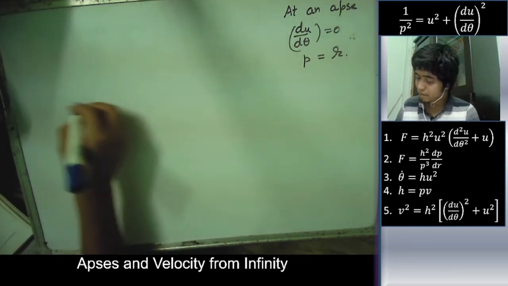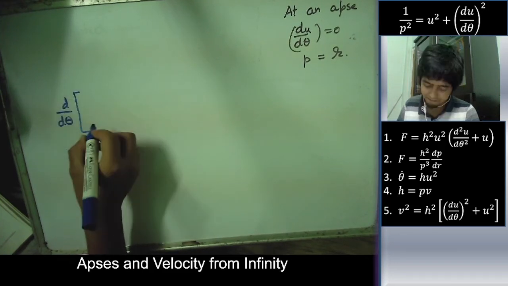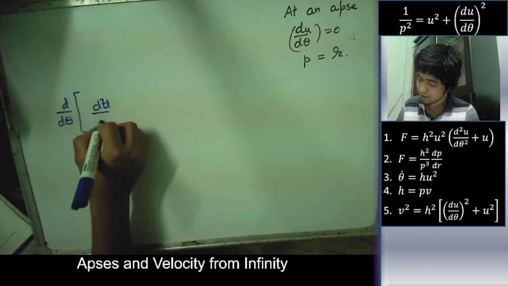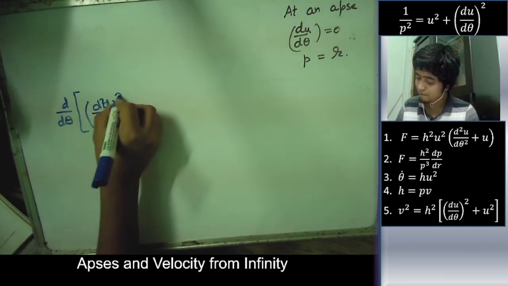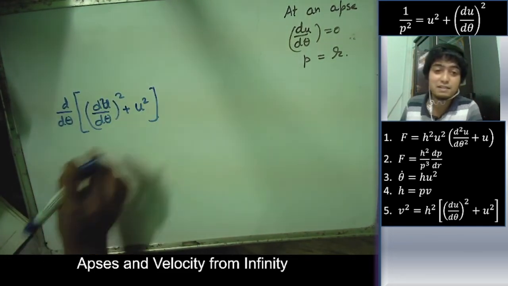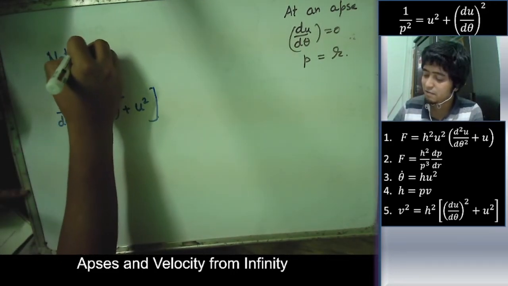Whenever you see the exercises from the book or from anywhere, one thing that you need to remember is this: if you differentiate (du/dθ) squared plus u squared with respect to θ, how much will you get? Keep this in mind. I will write it down as a note.